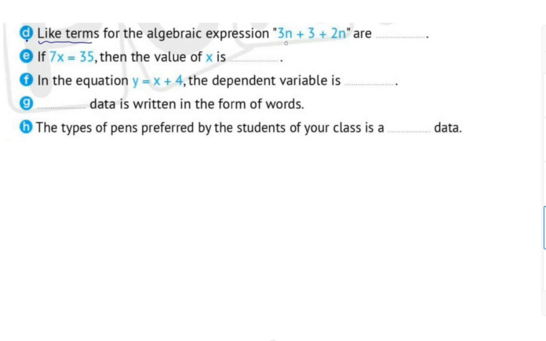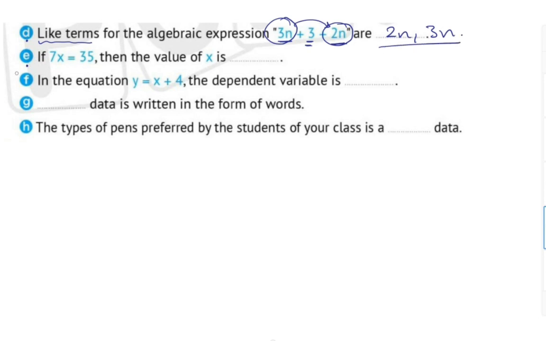Now, can you add 3n with 3? No. Can you add 3 with 2n? No. But you can add 3n to 2n, that equals 5n. So because we can add 2n plus 3n, that means 2n and 3n are like terms.